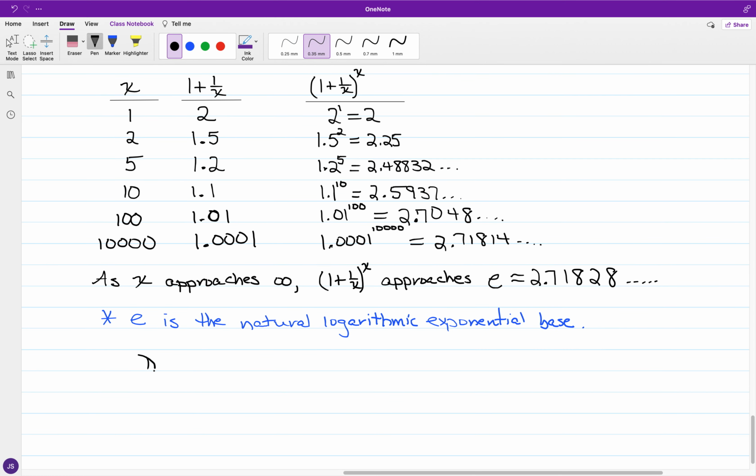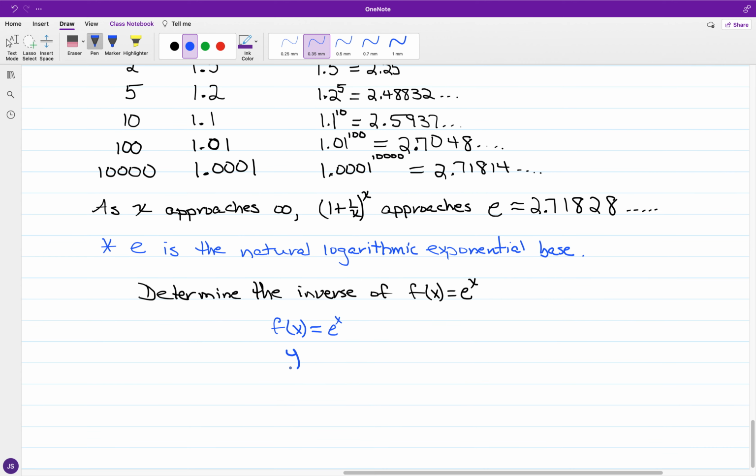If I have determined the inverse, we have f of x is equal to e to the x, where e is that 2.718 number.